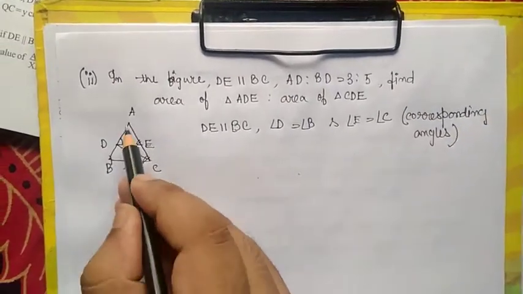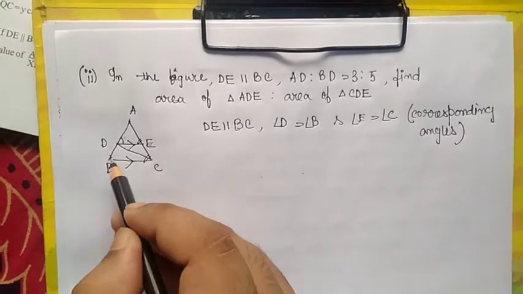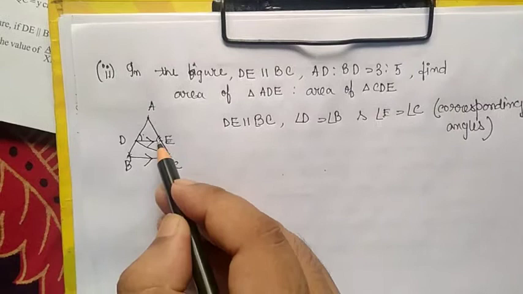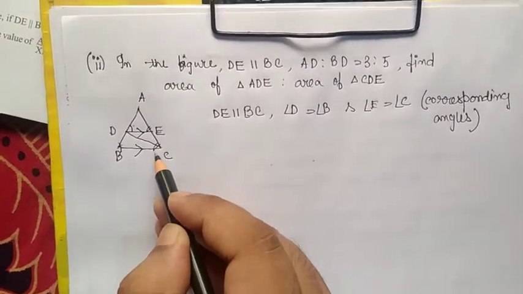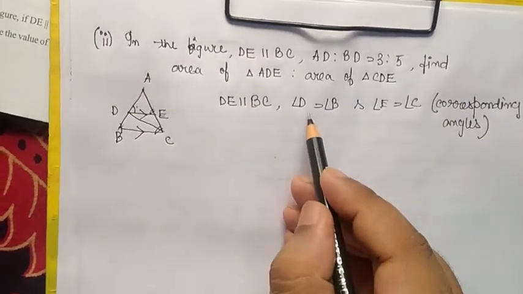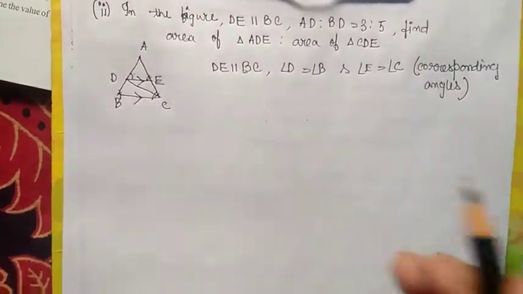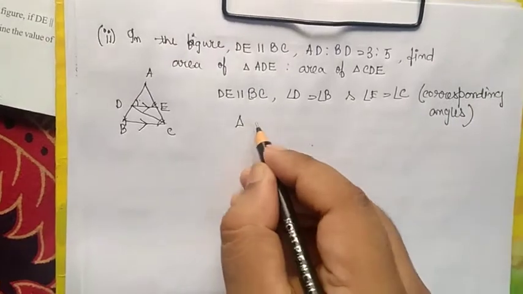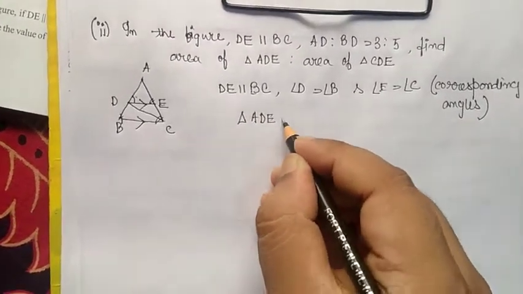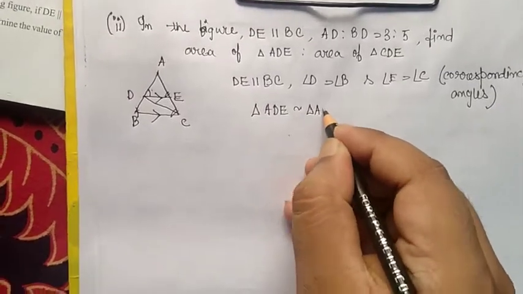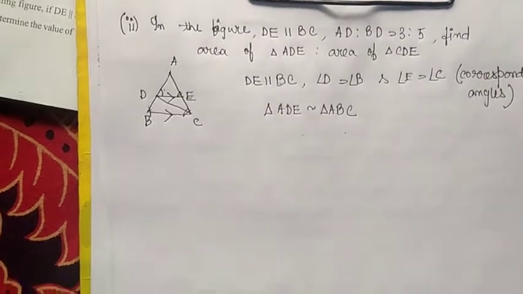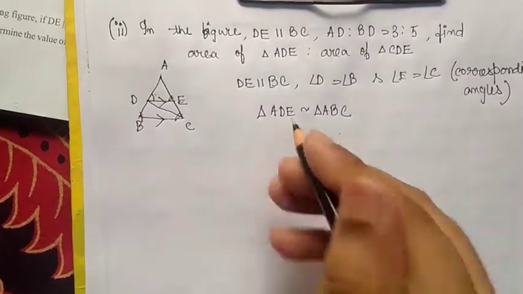DE parallel to BC, AB is the transversal, therefore these two are corresponding angles. DE parallel to BC, AC is the transversal, therefore angle E and angle C are corresponding to each other. That's why here we write that angle D equal to angle B, angle E equal to angle C. So in triangle ADE similar to triangle ABC, we showed that two pairs of angles are equal to each other. That's why these two triangles are similar.